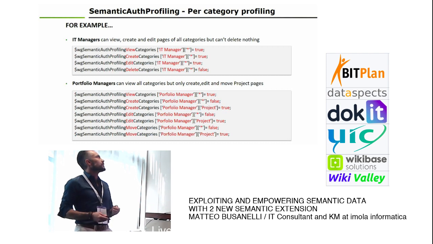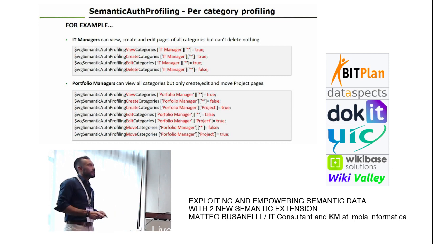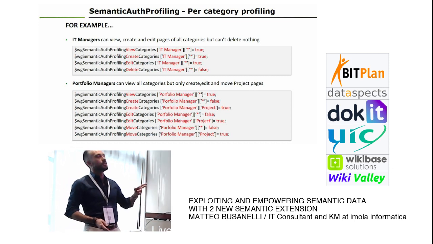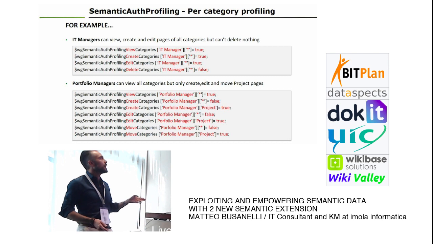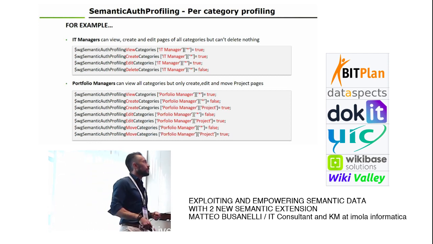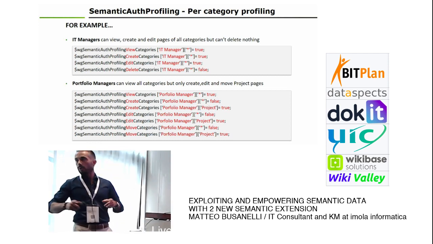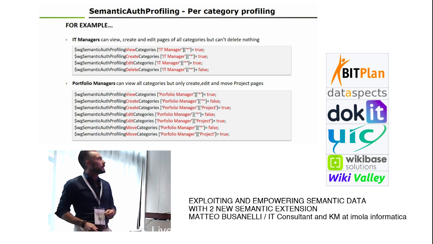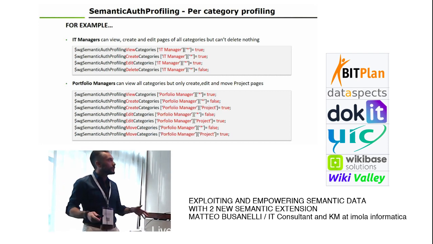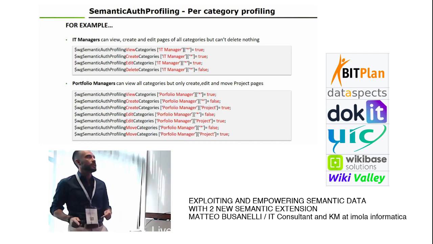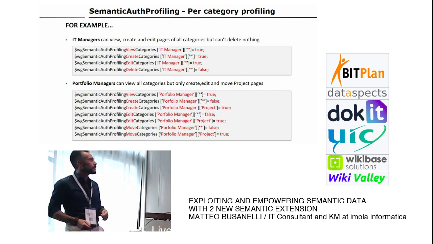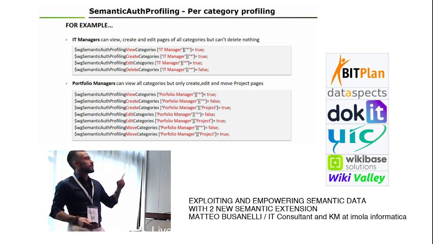And if you want to say IT managers can view, create, and edit pages of all categories but can't delete anything, we can use the wildcard. So we can say in this way, view for all categories, create for all categories, edit for all categories, but false for the delete on all categories. And if you want to say that portfolio managers can view all categories but only create, edit, and move project pages, we have to do something like that.